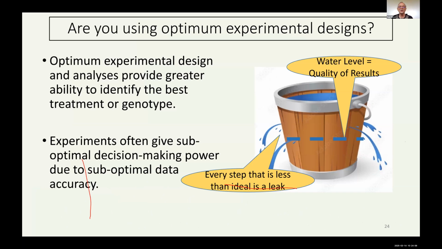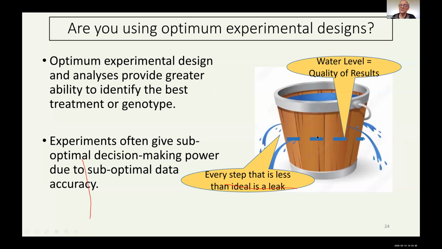So what about it? Are you using the most effective experimental designs? Often experiments give suboptimal decision-making power due to suboptimal data accuracy. Each step that is less than ideal is a leak.